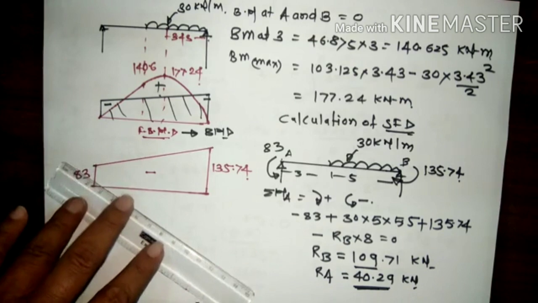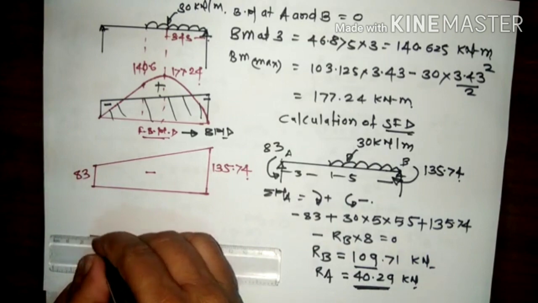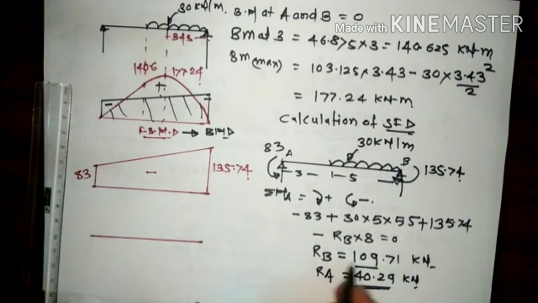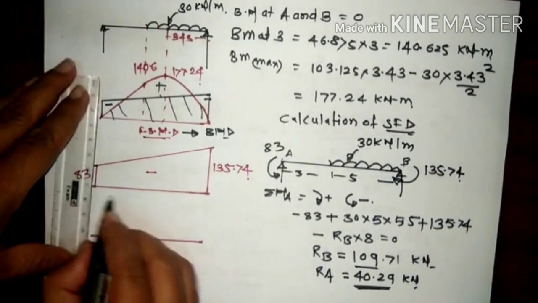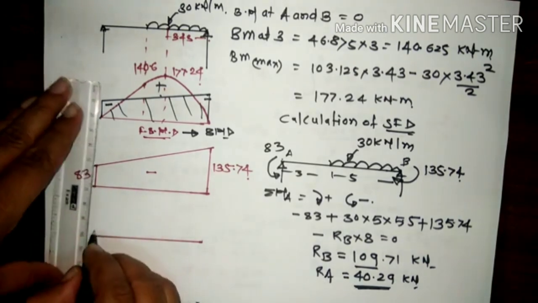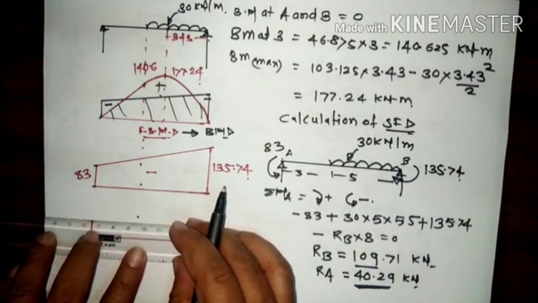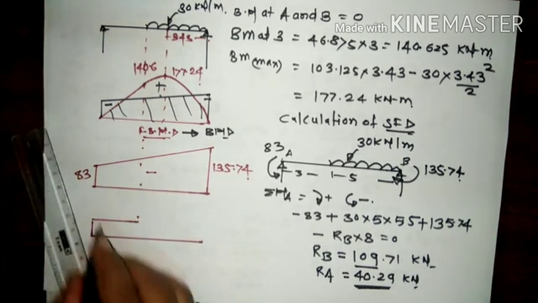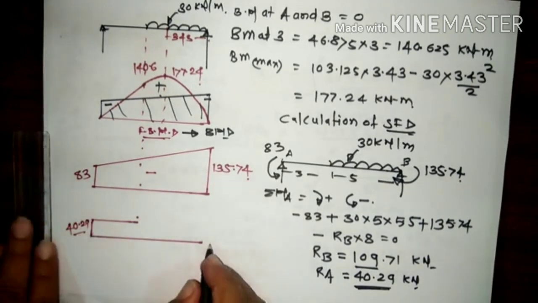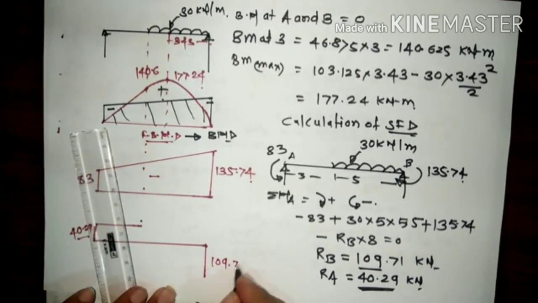Now if you draw here, RA is 40.29. Up to this it is constant at 40.29, and from here we have 109.71.